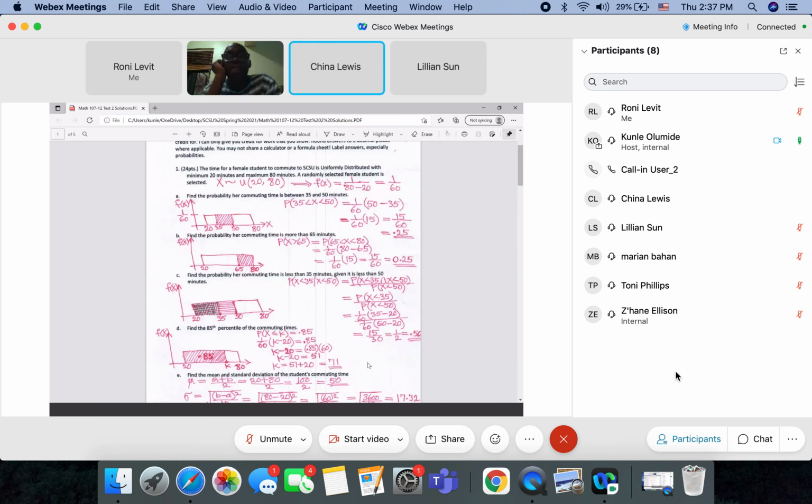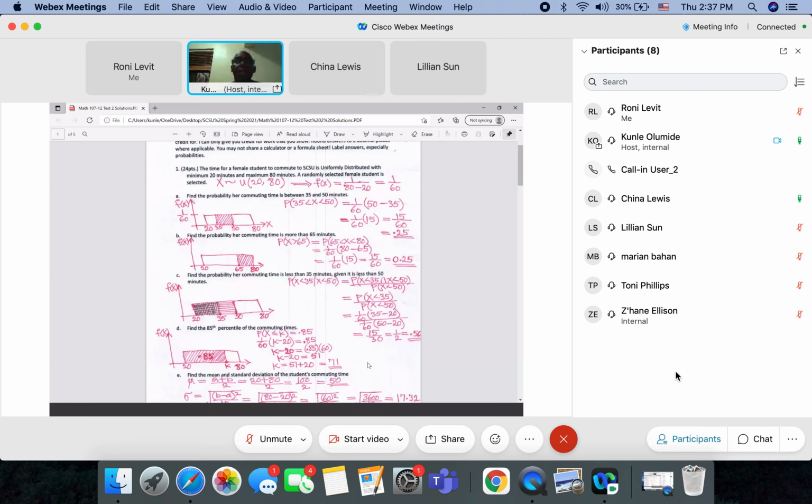That is between 35 and 20, because 20 is the minimum. So if it's less than 35, it cannot go below 20. And then less than 50. Yes, that makes sense. Okay, good.